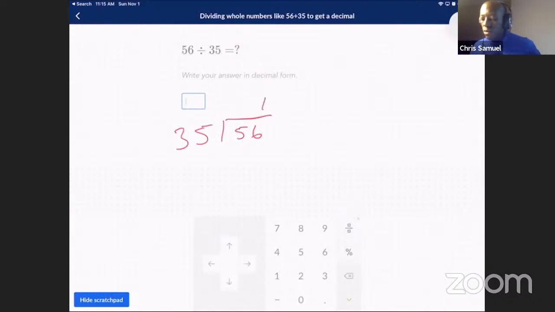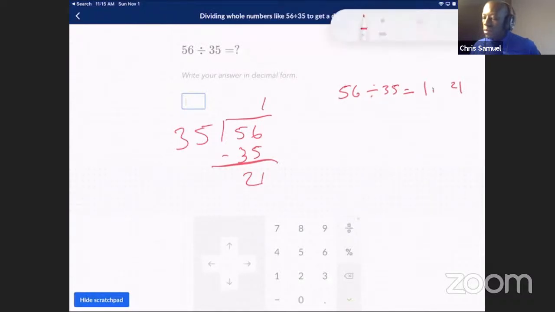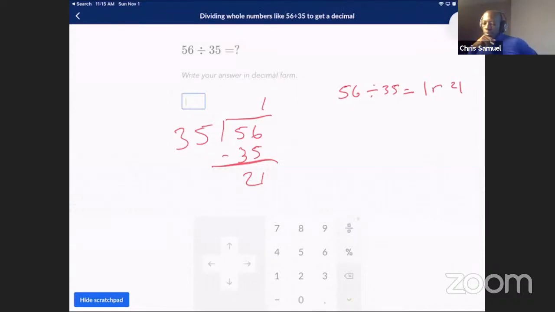This is the same thing as before. 1 times 35 is 35. Then we put the decimal here and bring it down.